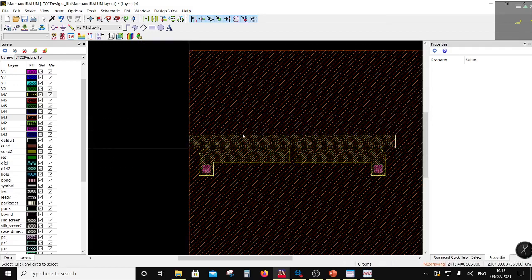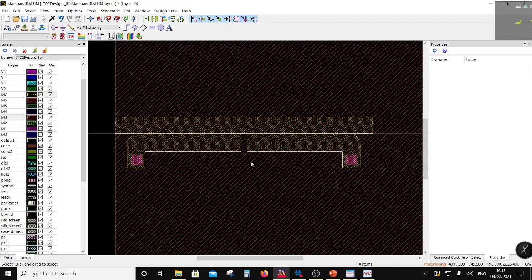Okay, so this is my structure. There's going to be port 1, 2, and 3. Now, this is an intermediate run, because I have to match it, right? So I would need a few iterations, but the equations should be very close, right?